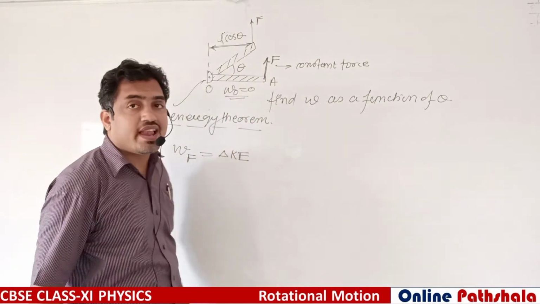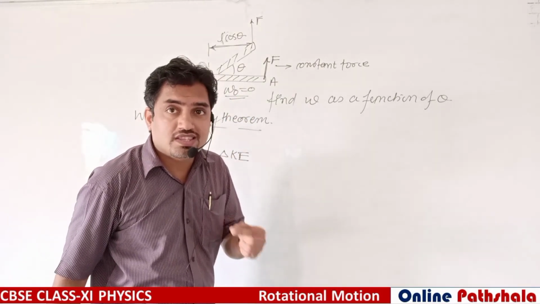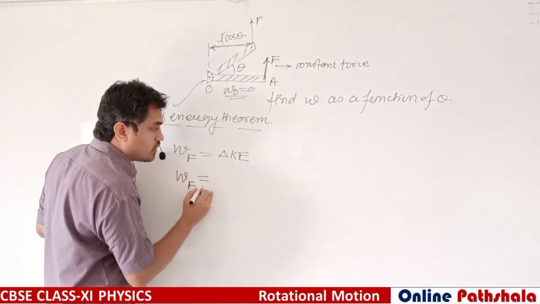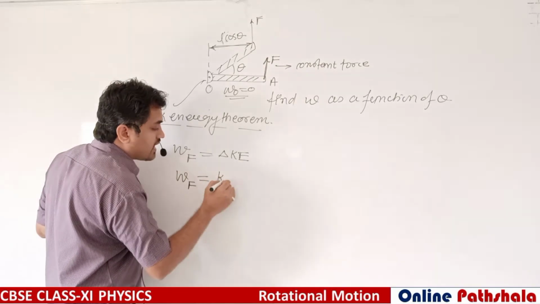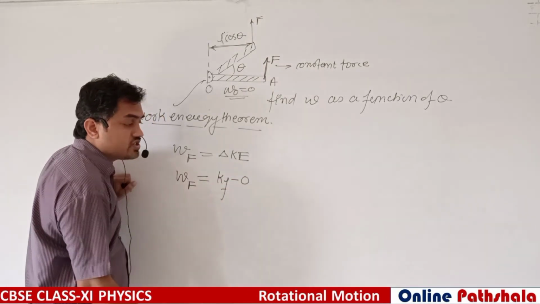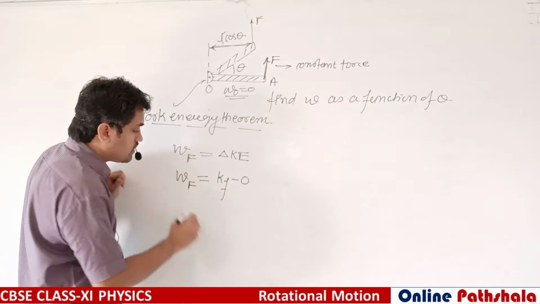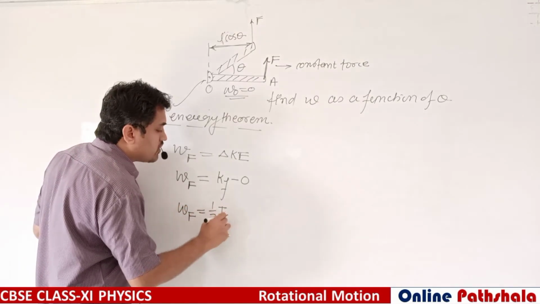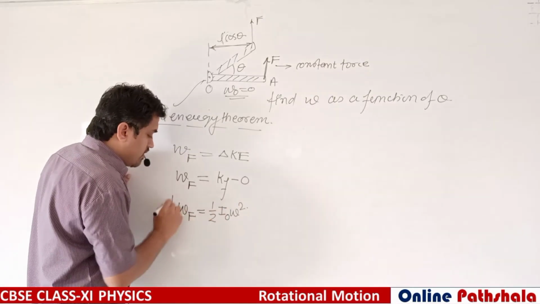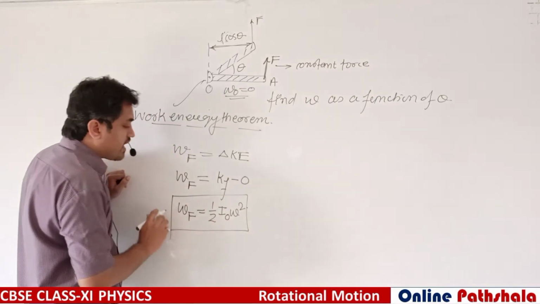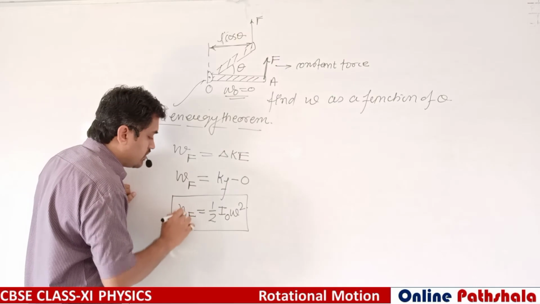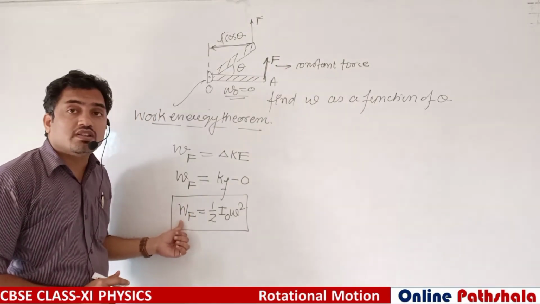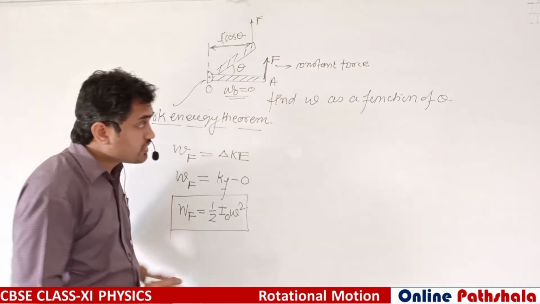Since the initial velocity is 0, the work done by F is equal to kinetic energy final minus kinetic energy initial, which is equal to 1 by 2 I about O into omega square. From here we can find this omega, but what is the work done by force F?